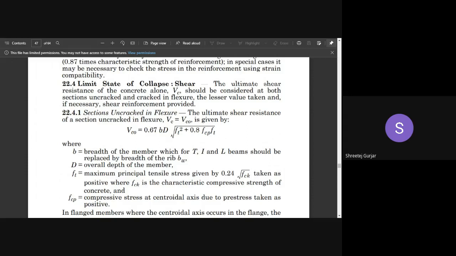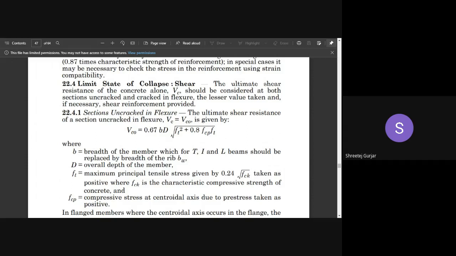And when the tensile stresses increase above the cracking limit of your concrete, cracks will start to generate and concrete will transfer those stresses to steel, correct? That is the second case, which is cracked in flexure. So one is the uncracked section and the second is the cracked section in flexure.